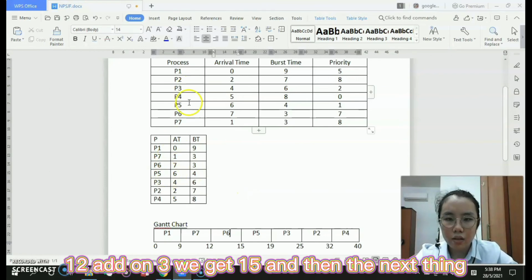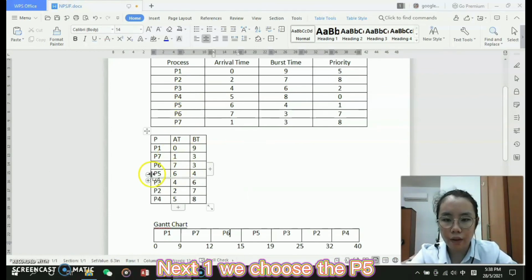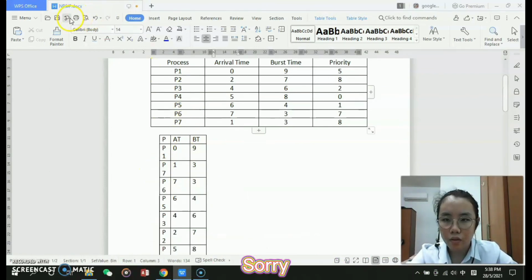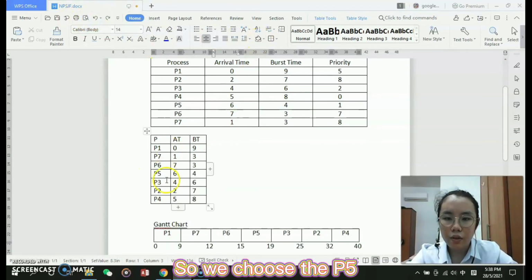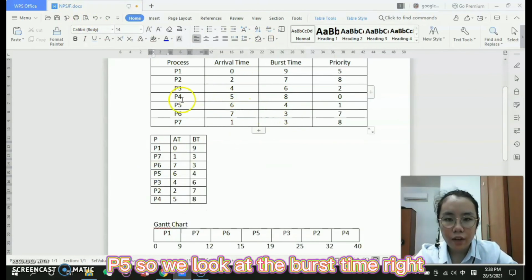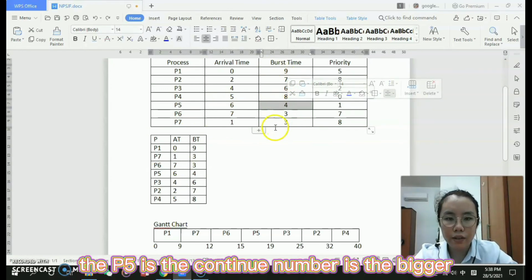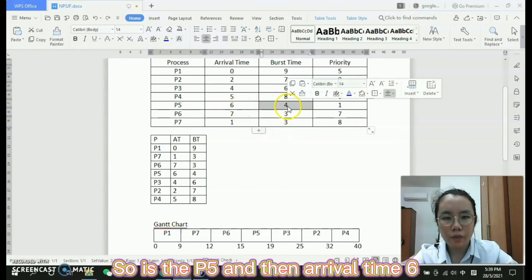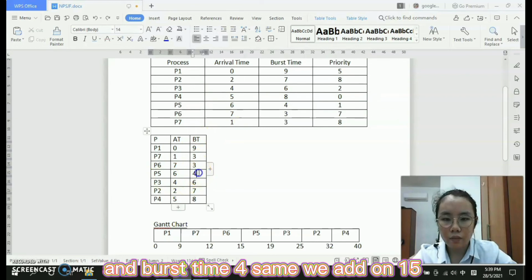Then the next one, we choose P5, looking at the burst time, the next number is bigger. So P5, arrival time 6, burst time 4.